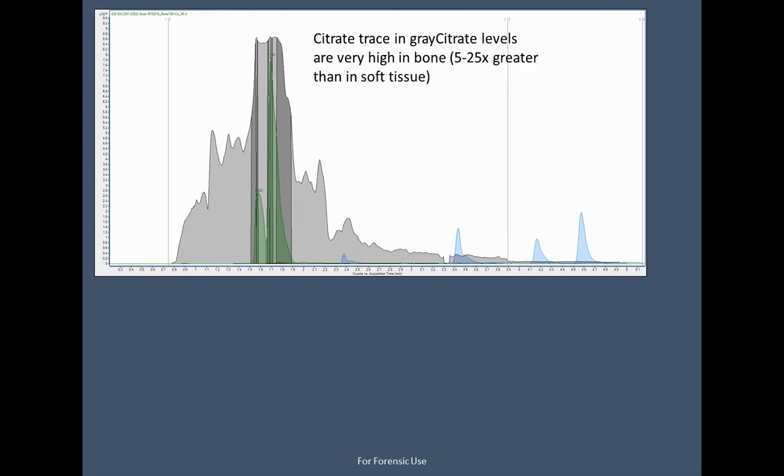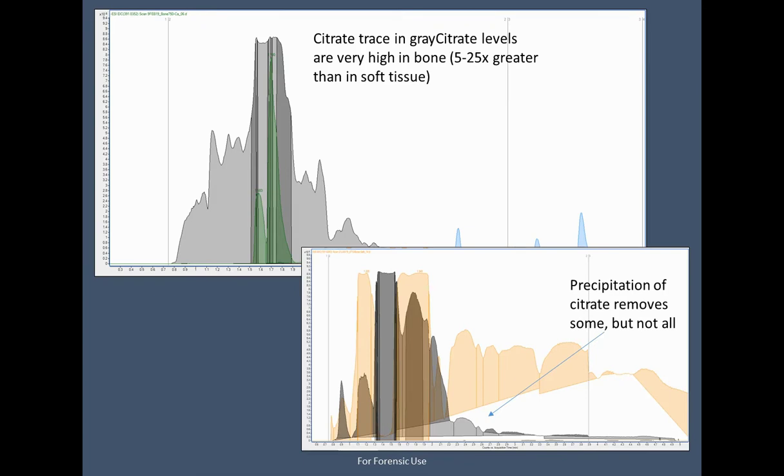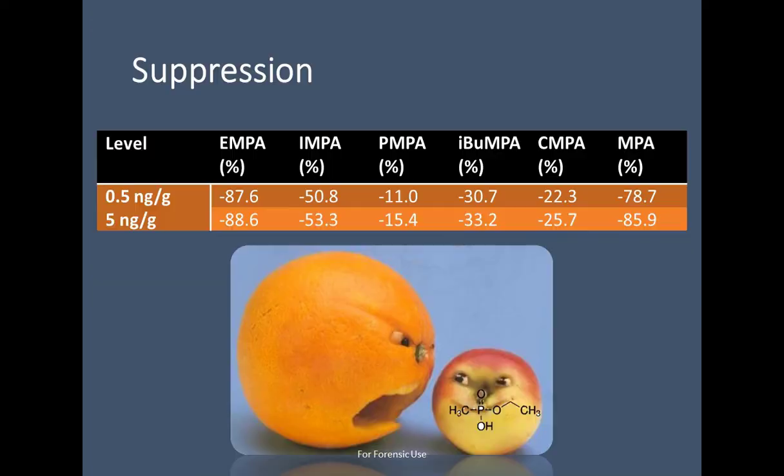And so we have to find another way to precipitate out that citrate. And we did find a way to precipitate citrate out to remove some of it. The orange trace is what was before, and now we have the gray trace, which is better. Still not ideal, but we're precipitating some of it out to at least help in our detection mode before we move to real samples. So what kind of suppression are we observing?